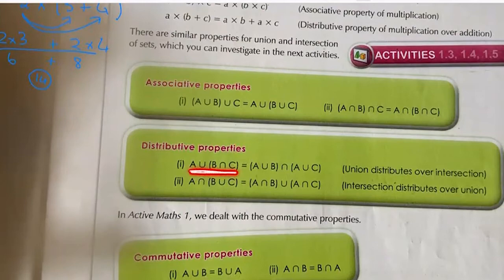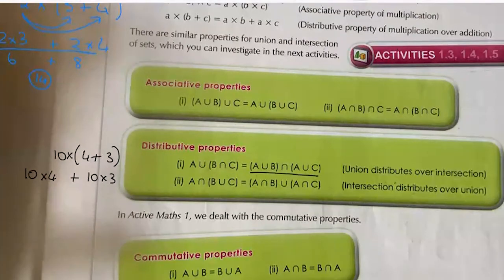If you have A union B intersection C, it's the same as A union B, so I'm multiplying them together and I get this bracket, and then you intersect it with A union C. To me, that is very similar to 10 multiplied by 4 plus 3 being the same as 10 multiplied by 4 plus 10 multiplied by 3. That is all this is telling you.